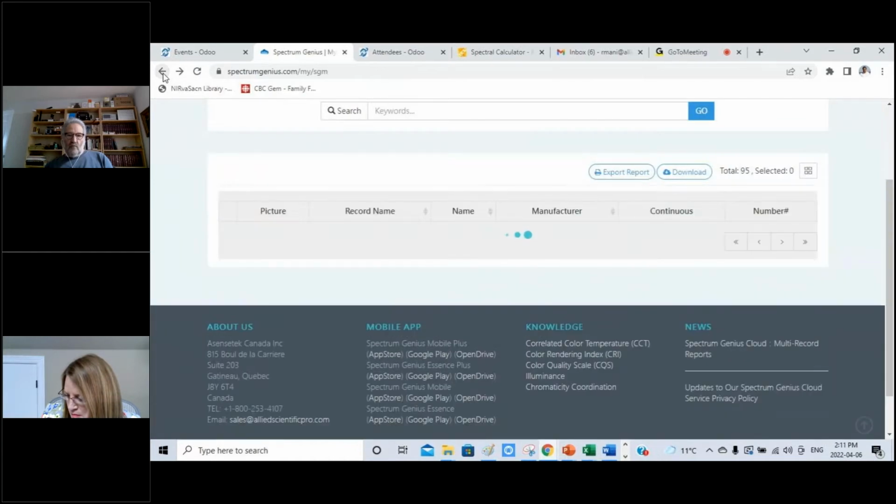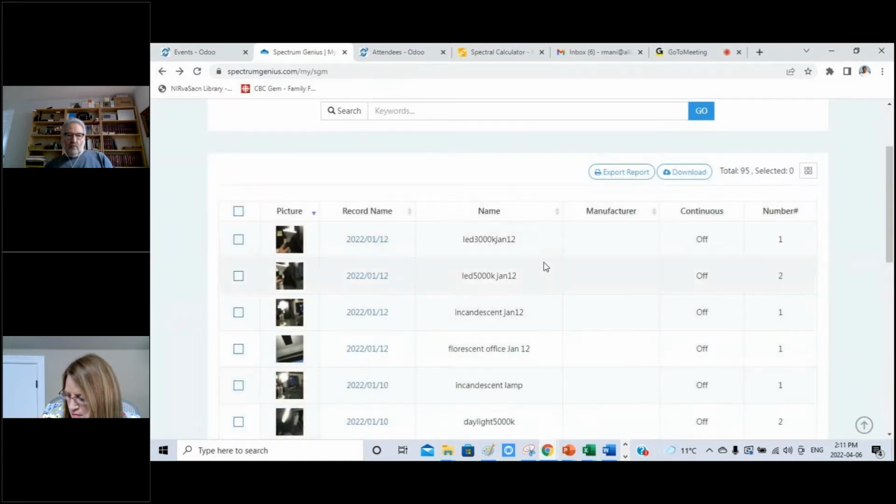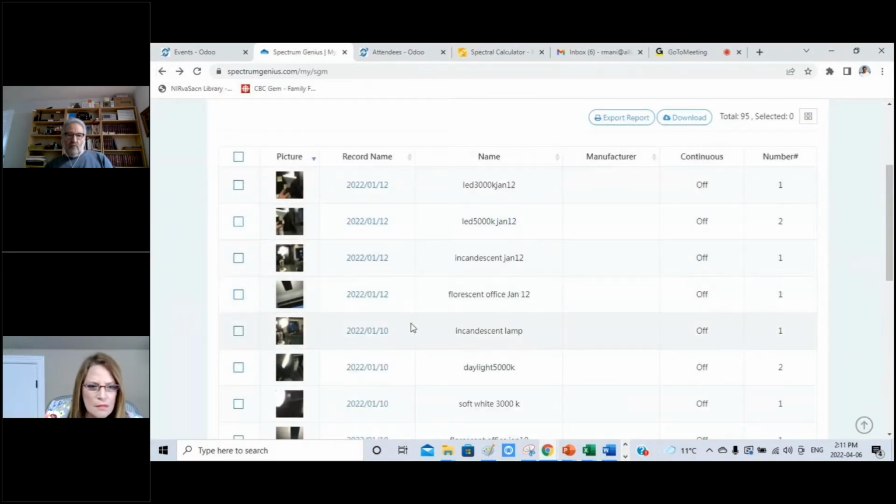I can show you that. If I go back here, you can see these are the 4 measurements which I did on January 12th. Fluorescent, you can see the fixture here. Then you have incandescent, and then LED 5000, LED 3000.